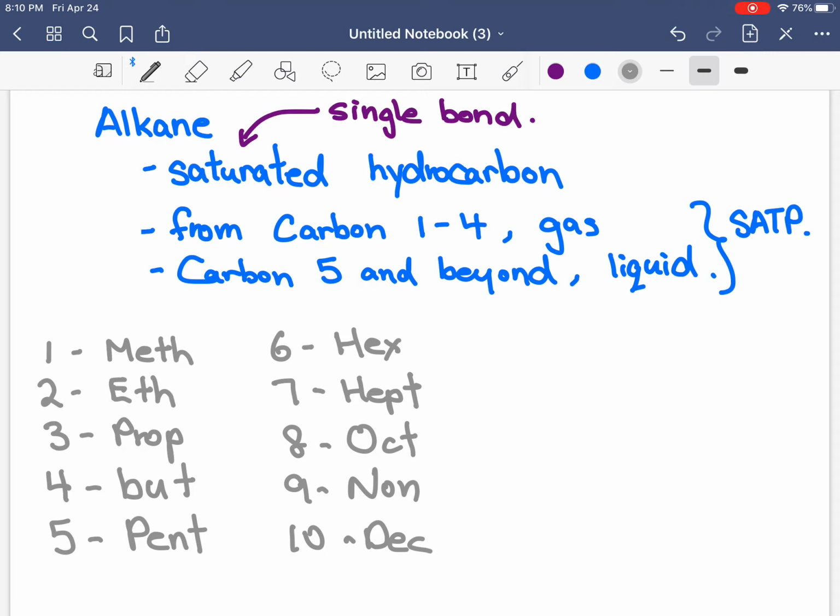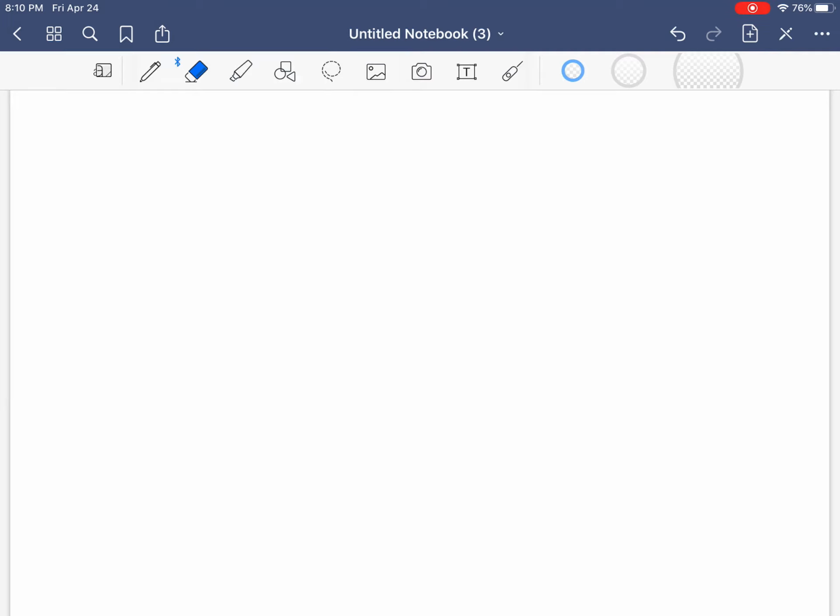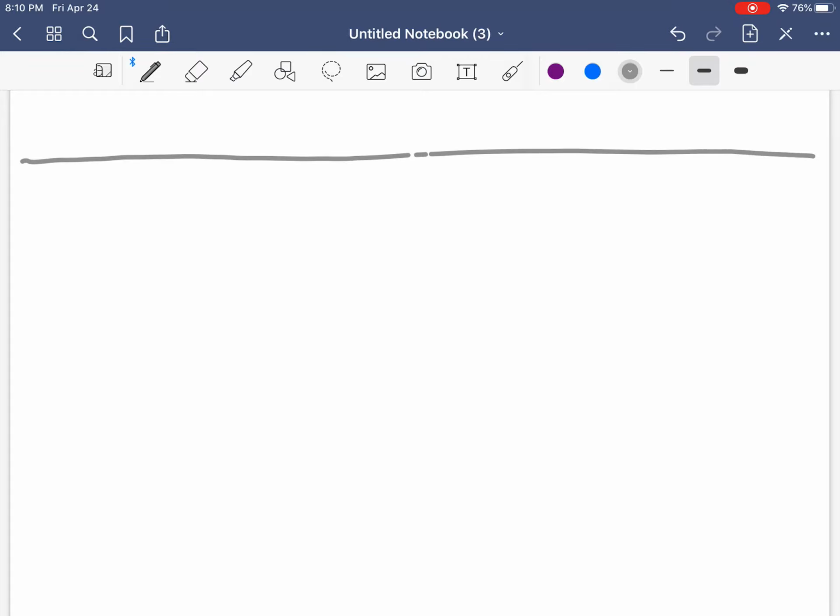So let's go. We're ready to tackle alkane in terms of nomenclature. So let's organize a little chart. Okay? I have N here. N stands for numbers of carbon. And then I have various formula.